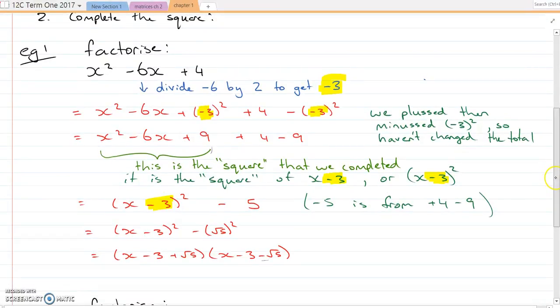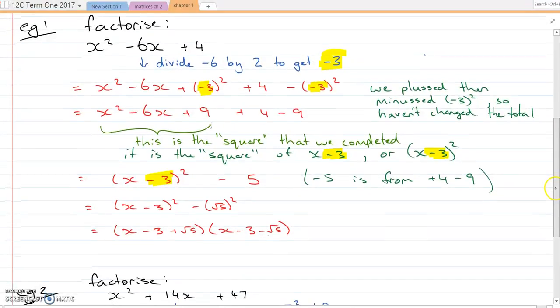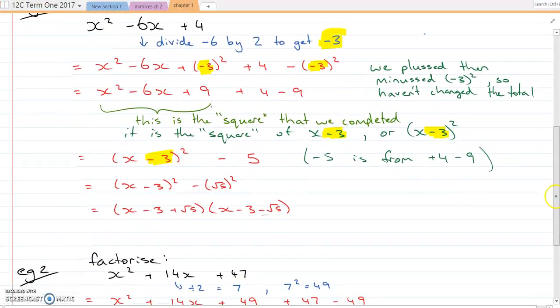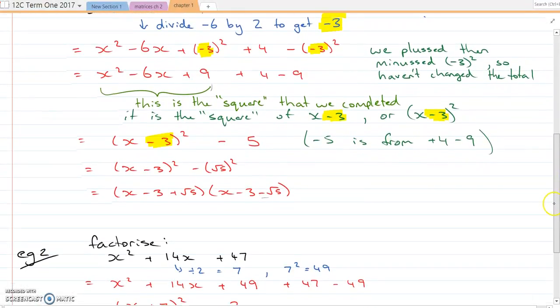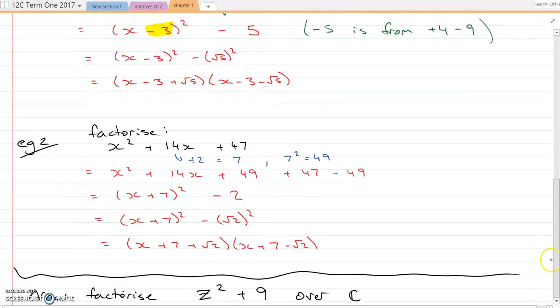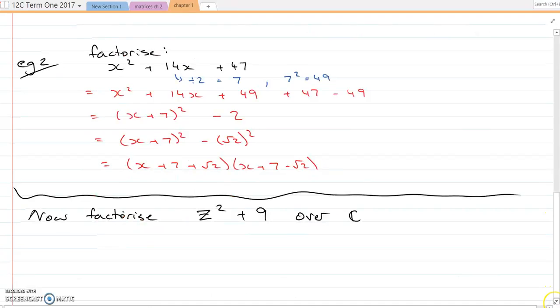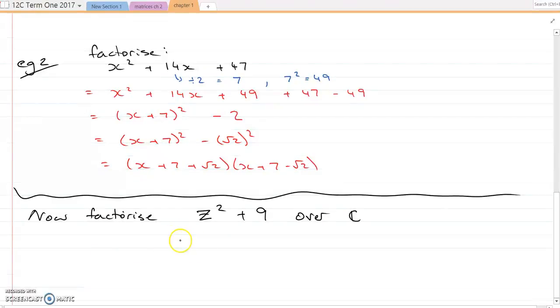You can do it with any factorizing thing. So there was just another example to look at. Make sure you understand all that, because otherwise you're going to have a lot of difficulty when we factorize complex numbers.